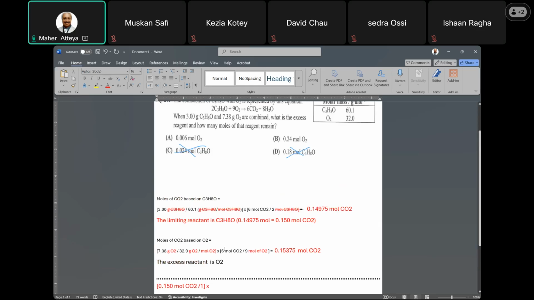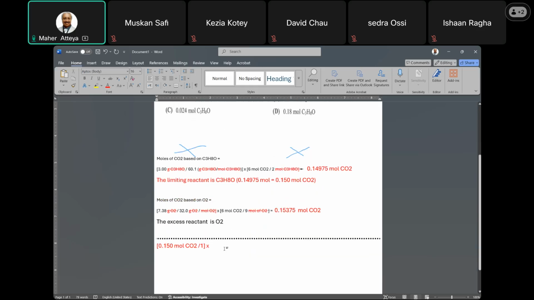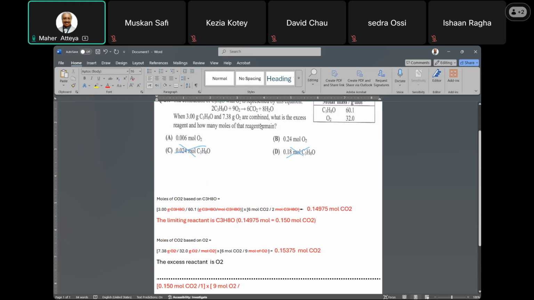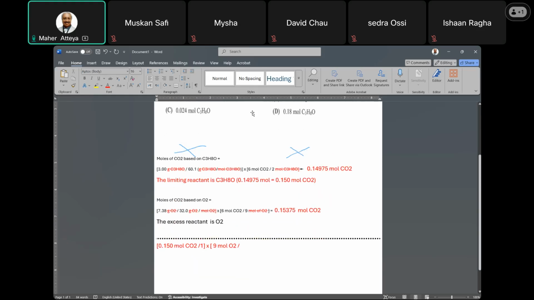It says you have 9 mole of oxygen, 9 mole of O2 will stand up to how much? Will stand up to 6 mole of CO2. 6 mole, correct, of CO2.